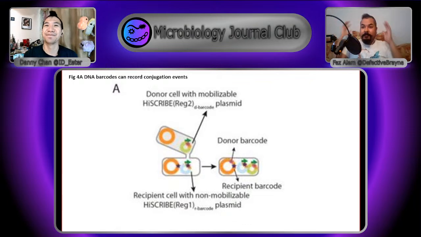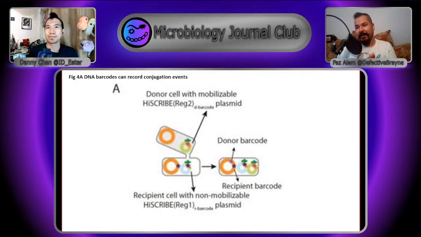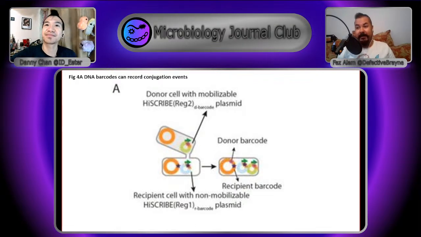So here, in the next figure, they describe how DNA barcodes can be used to record conjugation events. When a bacteria transfers its plasmid over to another bacteria, the recipient barcode and the donor barcode can interface, so you can read both of them and know that a conjugation event has happened between these specific bacteria.